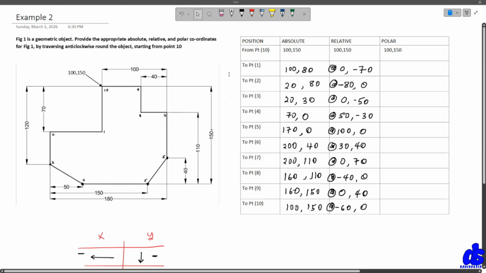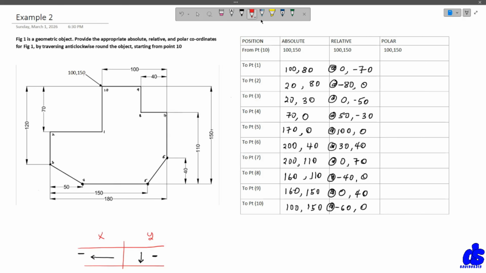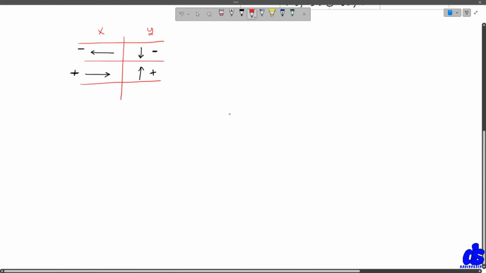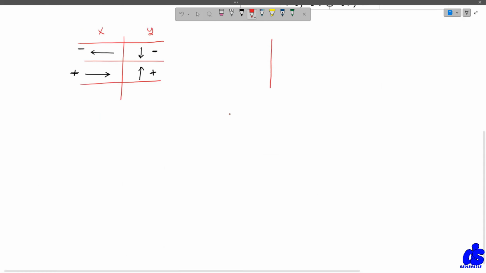And these are the key things you need to keep in mind. I will draw at the bottom. So for polar, you have a coordinate system. And it moves in the anti-clockwise direction. So you have these points to be 0, then 90, then 180, then 270.